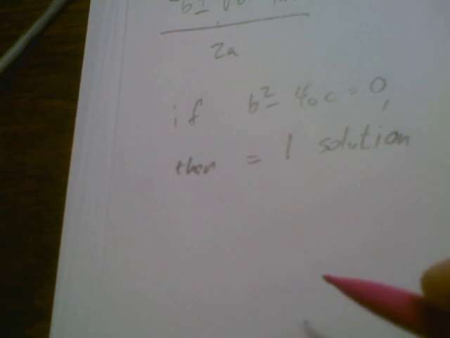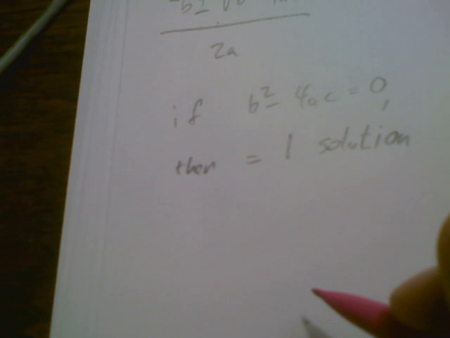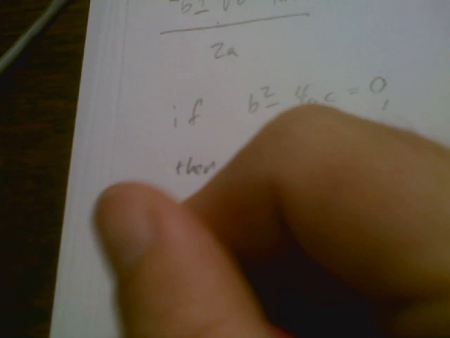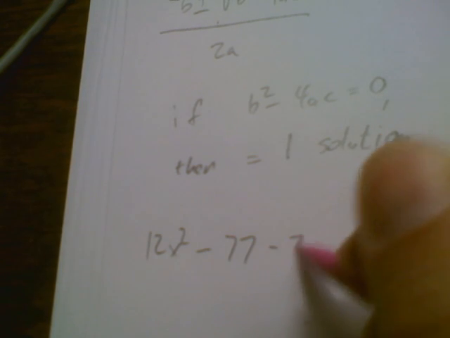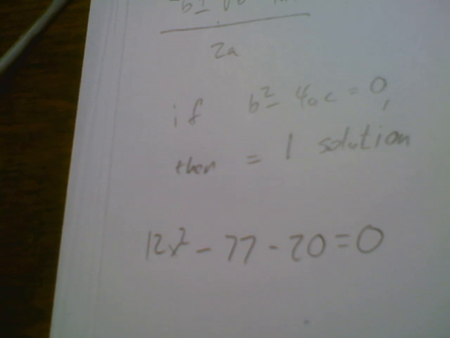So if we have something like, I'm going to give you a little bit of a fun one here. 12x squared minus 7x minus 20 equals 0. Again, y has to equal 0 in order for x to equal this.